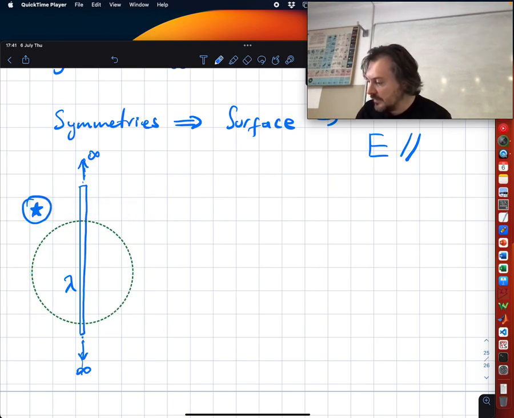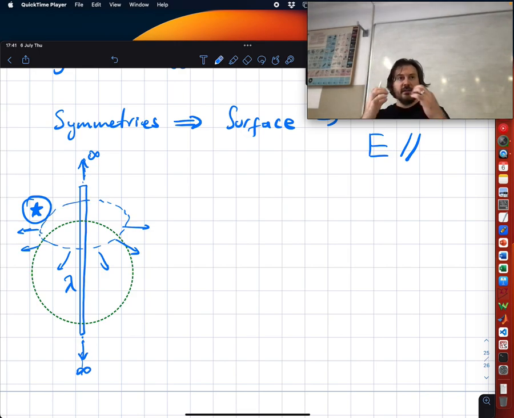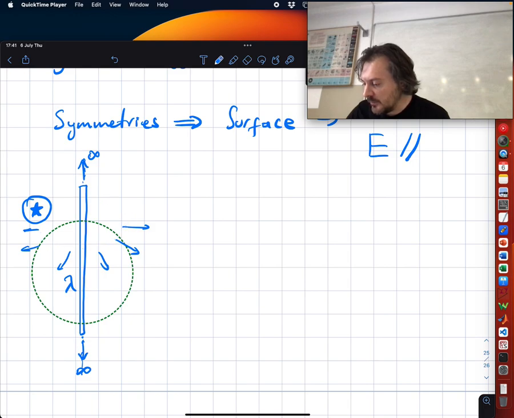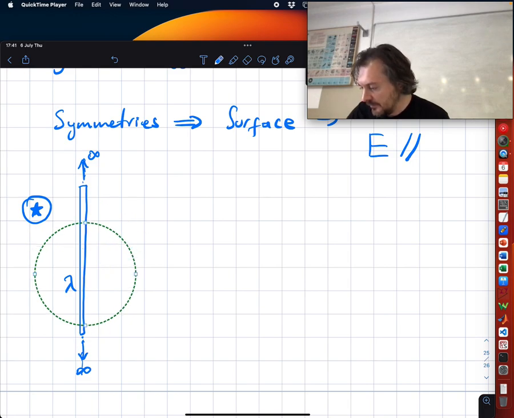Because I know that electric field lines are going out like this, so they will not be crossing this one. Maybe at some particular points they will cross perpendicularly or in parallel, but not everywhere, right? So as these electric field lines suggest, we need to use a cylinder.